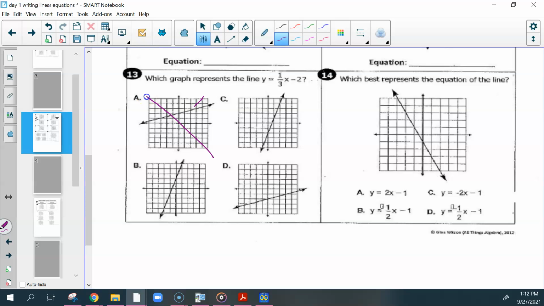So this one, this one. Which of these would be our equation? Because it has that slope up 1 over 3. The other one I think has a slope of 3. Right.